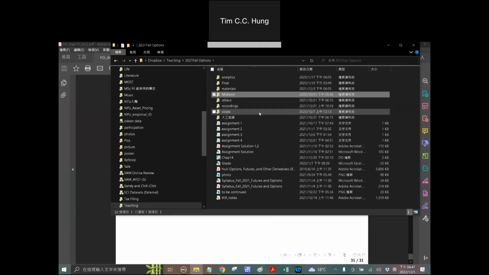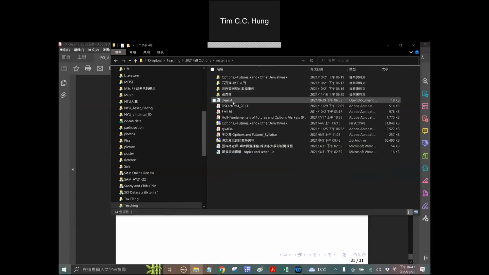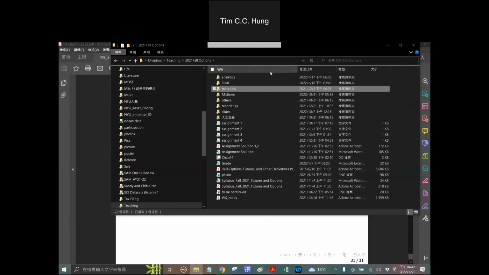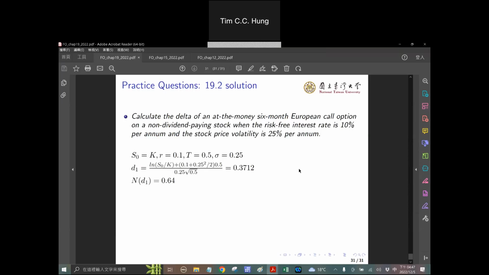I'm sure I have the table somewhere in the material. Yeah, I'll find it and I'll post it on NTU Core in advance so that you can do the practice yourself to see if you know how to look up the table. I promise about that, and I'll post it later when I find the file.